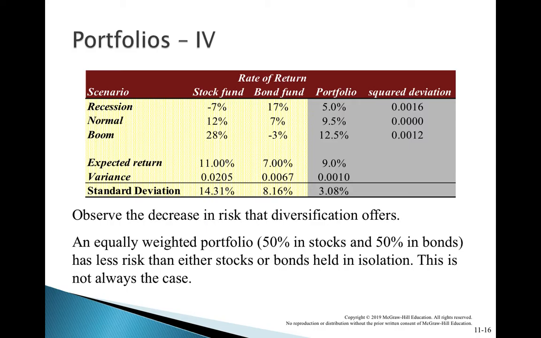Standard deviation of bond is 8.16 square plus weight of stock square, 50% square multiplied by standard deviation of stock square, 14.31 square, plus 2 multiplied by, again going back to the formula, so that's why I explained the other way, 2 multiplied by weight of bond multiplied by weight of stock, 50% multiplied by 50% multiplied by standard deviation of bond 8.16 multiplied by standard deviation of stock 14.31 multiplied by the correlation of bond and stock, that we have calculated in previous 3 slides, minus 0.99.